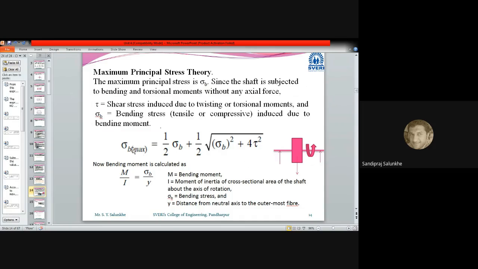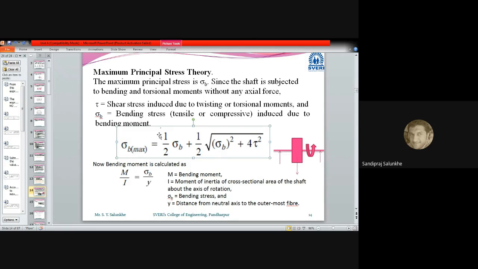Now we know that sigma b max is given by 1/2 sigma b plus 1/2 square root of sigma b square, that is bending stress square, plus 4 times tau square. This is the formula which we have derived in unit number 1, where we have seen the maximum principal stress theory.